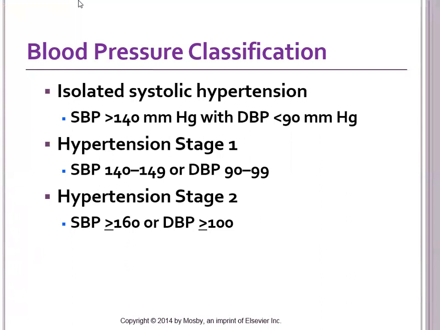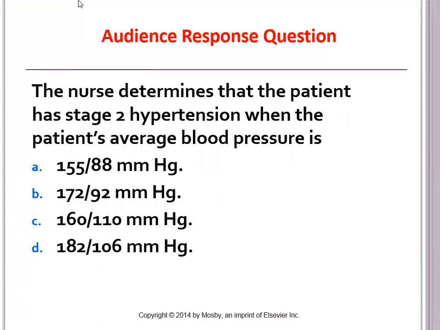And to classify blood pressure, we have to make sure we're getting 2 or more properly measured blood pressure readings on 2 or more office visits. So no one just comes in and says, today their blood pressure is 150 over 100, let's start you on lisinopril, okay?